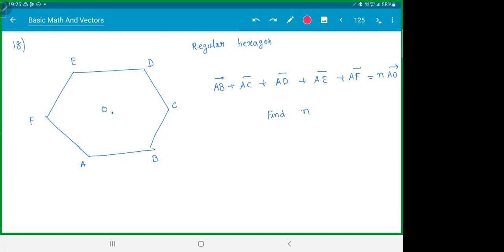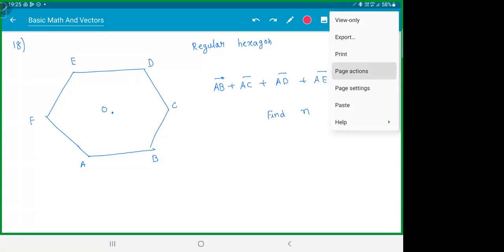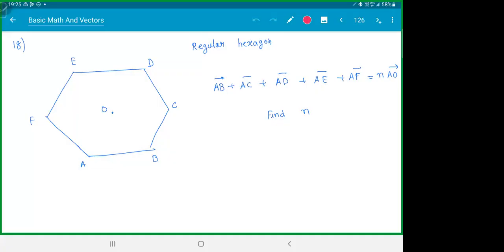How do you approach this? See, when you go from A to C, can I write like this?